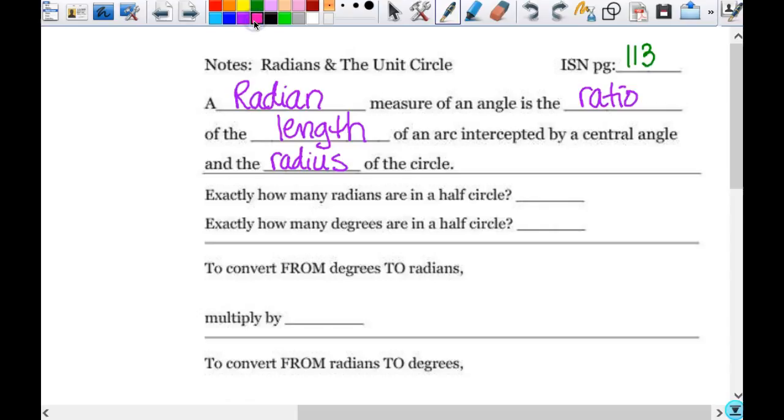So, exactly how many radians are in half a circle? Pi. Good. It's pi. And then exactly how many degrees are in half a circle? 180. And if you can understand that 180 goes with pi, you're good to go on the rest of it. Okay? The conversions become very, very simple.